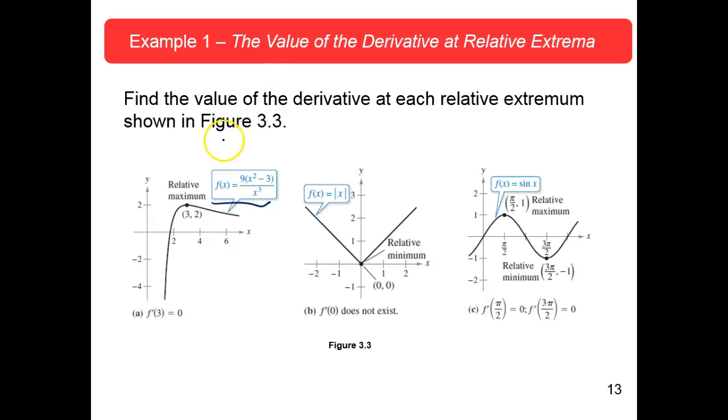How does that go? f prime of x is equal to 18x. Okay, I hear him saying 18x. No, what is that? Is that a 9? I can't see. Okay. 9 times x squared minus 3 over x cubed. I thought I saw parentheses at the end of that 3. It is.